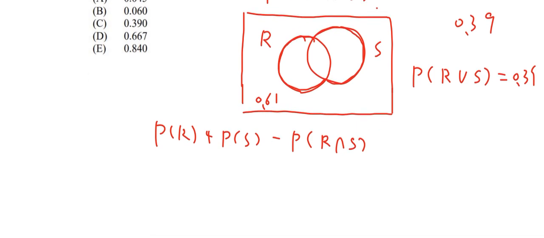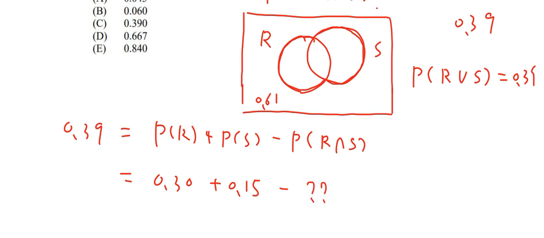So we can find 39 equals 30 plus 15 minus this one, which we don't know, so we can find this.